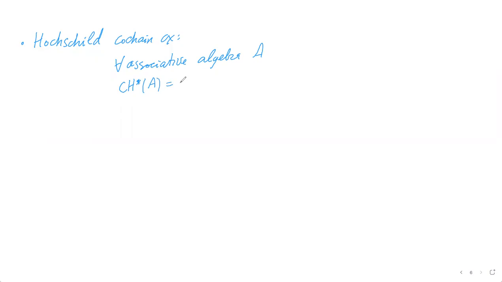as the direct sum of the following spaces. We take polylinear maps from tensor products of the algebra A with itself n times, and the sum is over n, for n from 0 to infinity, into itself.